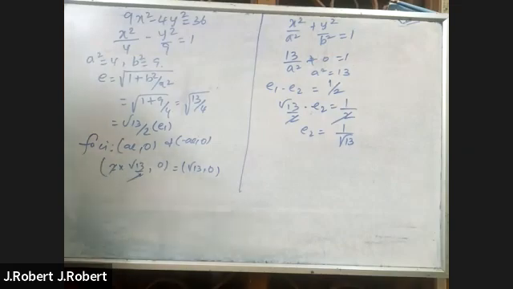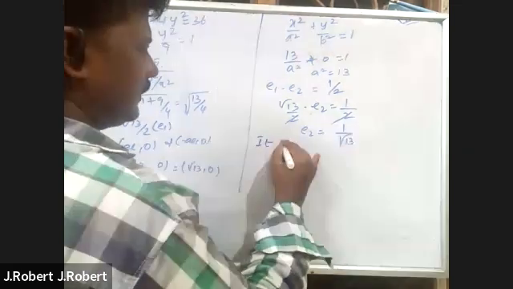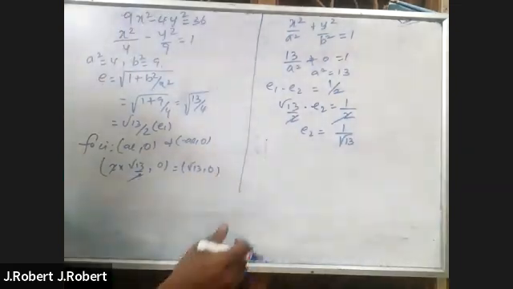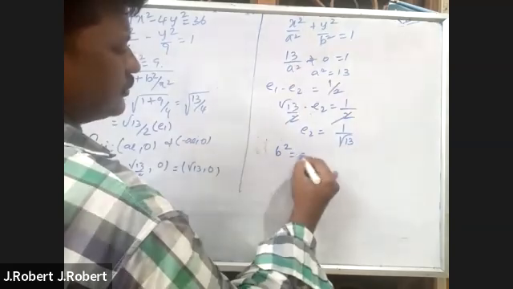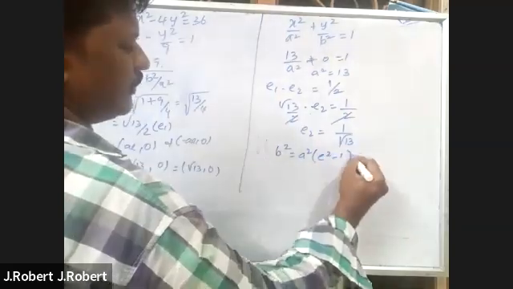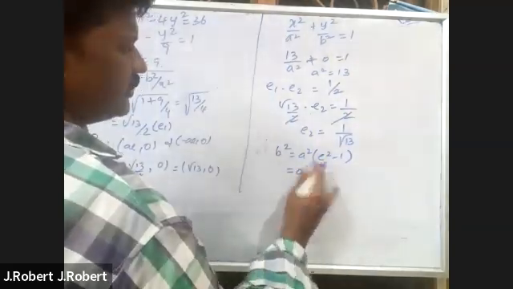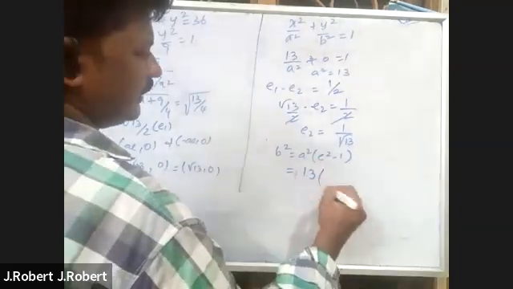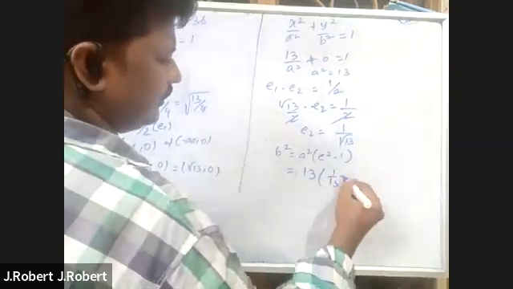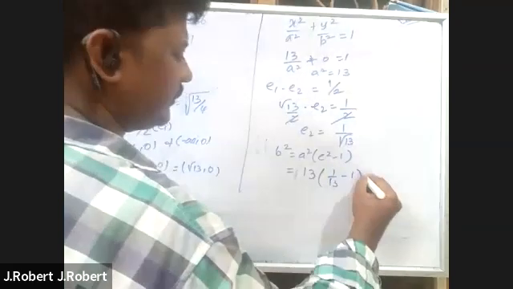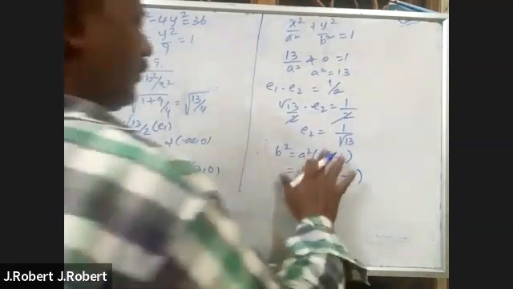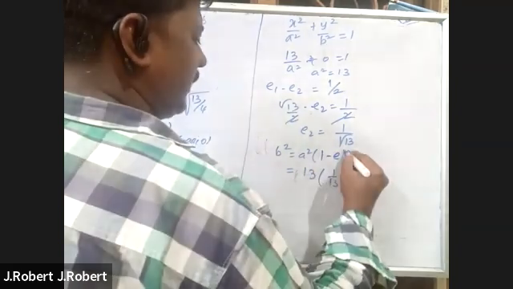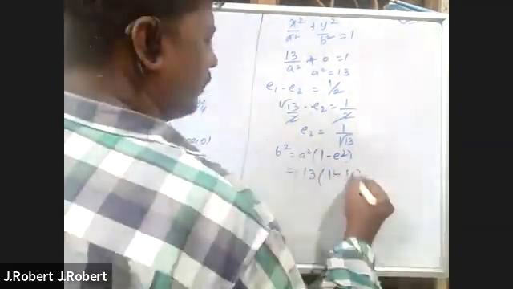It passes through the point. Therefore b square equals a square into 1 minus e square, which equals 13 into 1 minus 1 by 13.